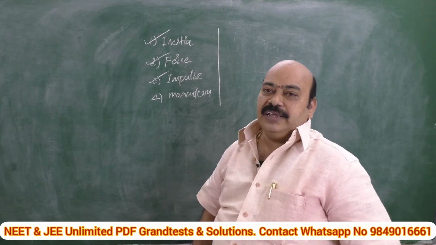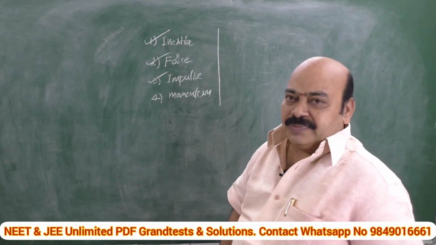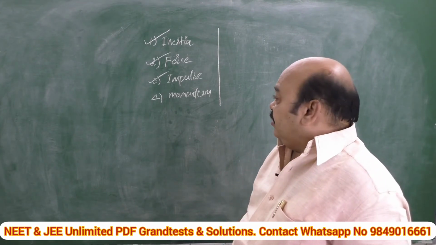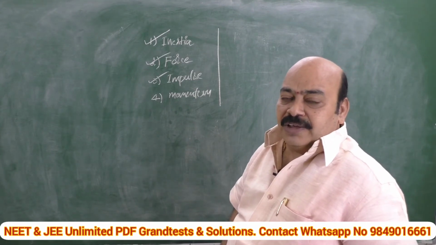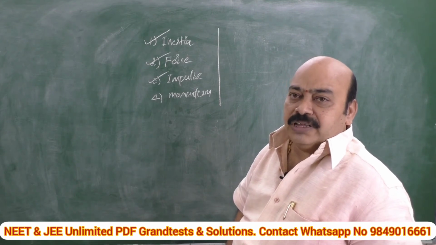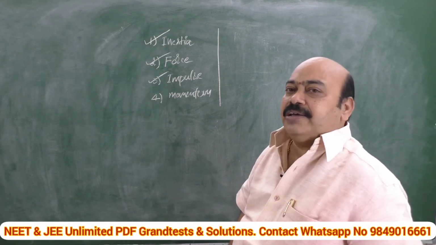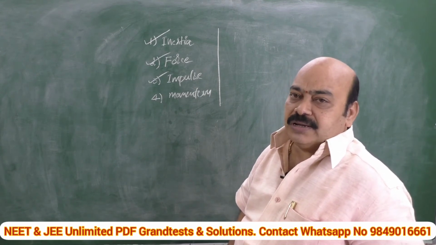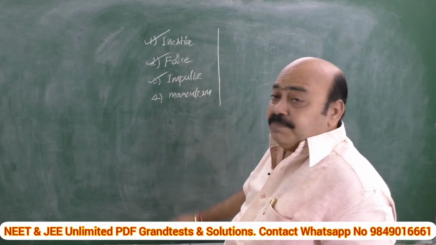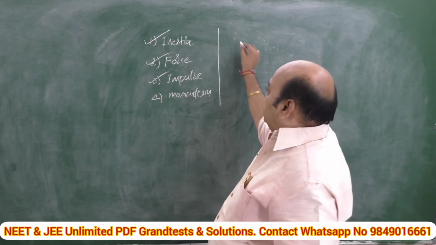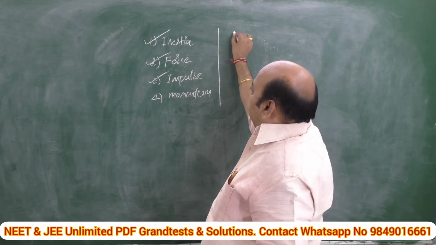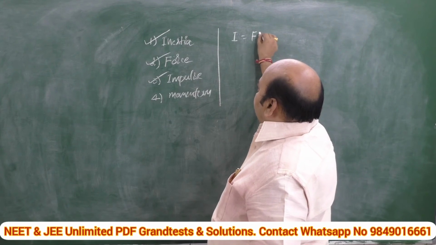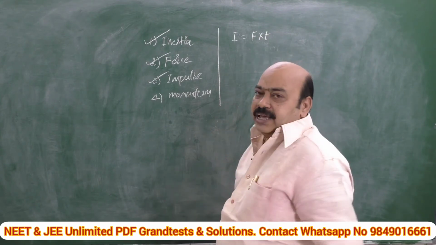Once again I am repeating, what is impulse? If a large force acts on a body for a short interval of time, then it is said to be an impulsive force, and this impulse can be measured as impulse I is equal to force into the time for which it acts.